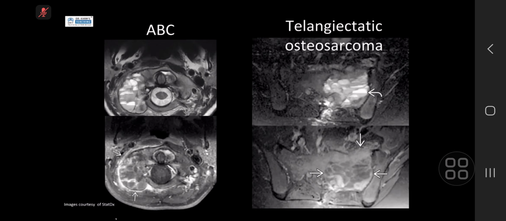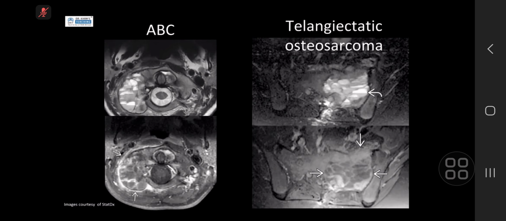So an example here. When trying to differentiate between the ABC and the telangiectatic osteosarcoma, you've got the ABC at the top left, and the telangiectatic osteosarcoma on the right-hand side. And you can see how ill-defined those margins are.